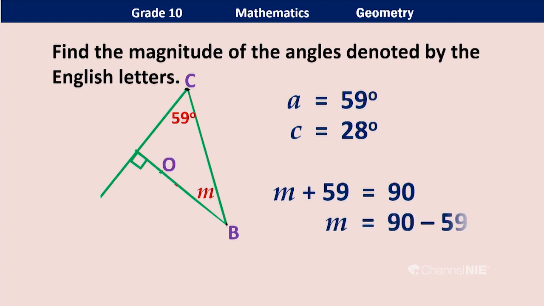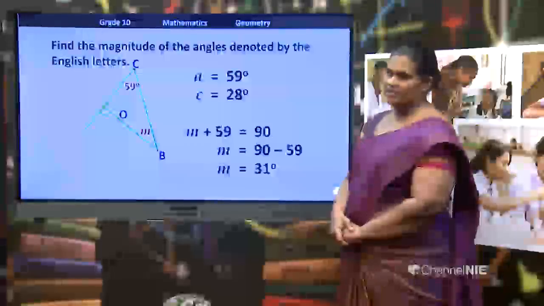By solving this equation, we can get the value of M. Therefore, I am going to subtract 59 from both sides. M plus 59 minus 59 equals 90 minus 59. Therefore, the value of M is equal to 31 degrees.